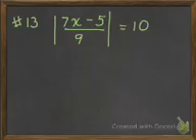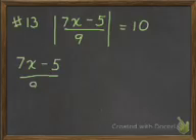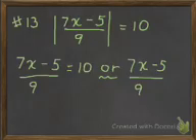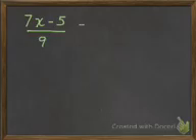To undo the absolute value operation, recall that 7x minus 5 over 9 is equal to 10, or 7x minus 5 divided by 9 is equal to minus 10. Let's solve the first equation. 7x minus 5 over 9 is equal to 10.